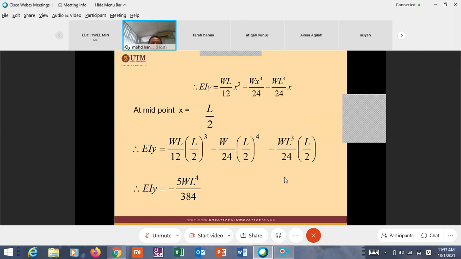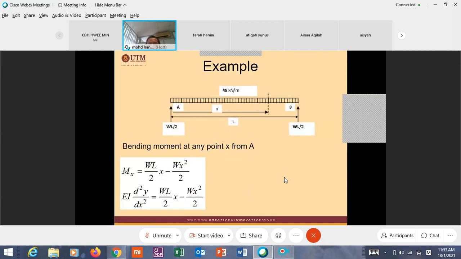Because in many cases in practice, the load is uniform, and also the structure is symmetry. Symmetry means pin here, pin here.